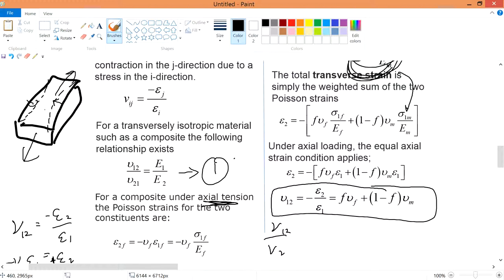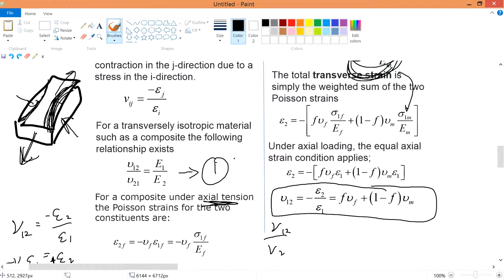So we are keen to look at how this affects your composite. If you pull in this direction, will this contract? And if it contracts, you're going to cause cracks all over here. This is also the reason they're looking for epsilon 2 in the 2 direction: whether the transverse strain will cause your fiber to crack.